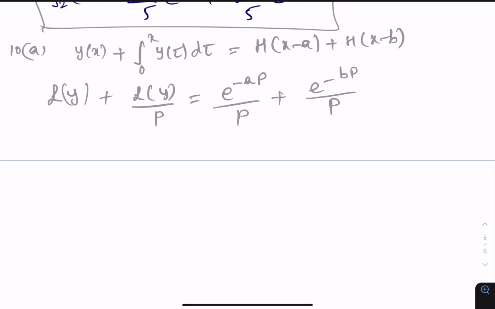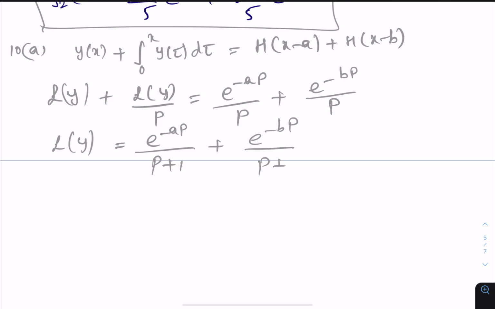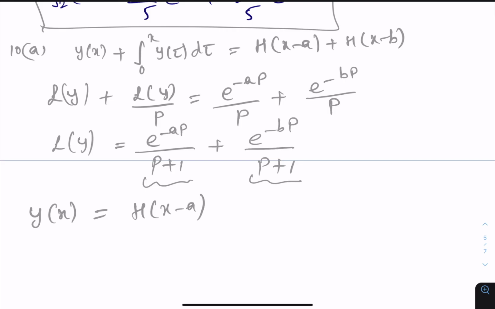Okay, so you have this. So this gives you that Laplace transform of y times p plus 1 over p, so the p gets cancelled, so p plus 1 is what remains, so it's equal to e power minus ap over p plus 1 plus e power minus bp over p plus 1. Okay, now what are the functions whose transforms are these? So y of x, like we have already used, the second shifting theorem is going to give you that this is h of x minus a times exponential of minus x minus a, right?